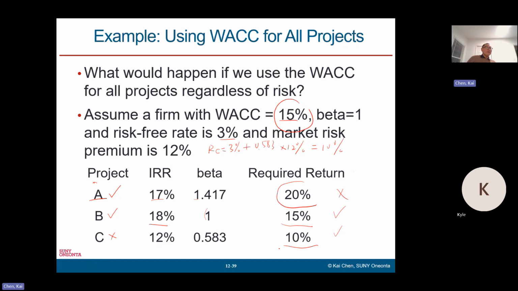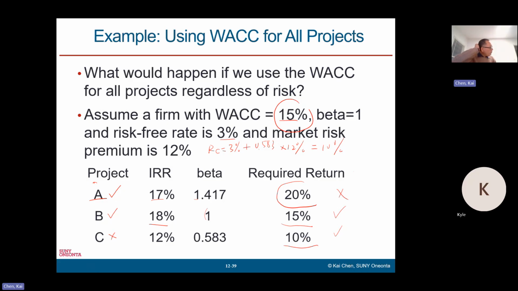In this case, we should accept this project. If we use WACC, that means we would make a mistake, right? We would reject a project that we should have accepted.